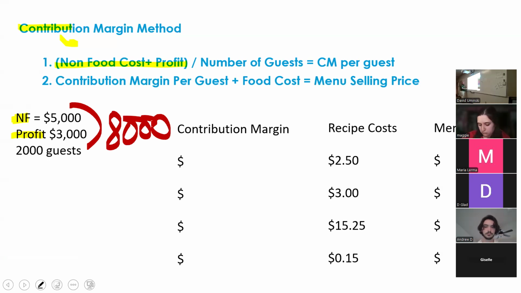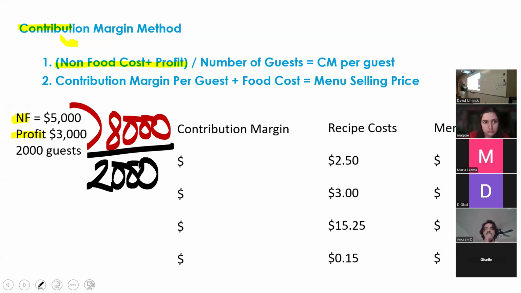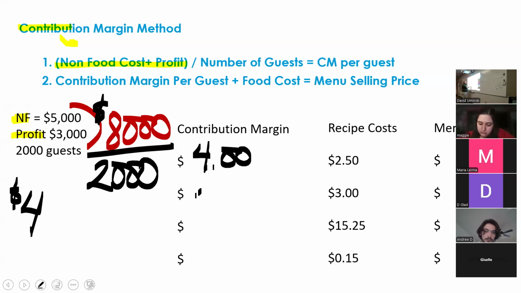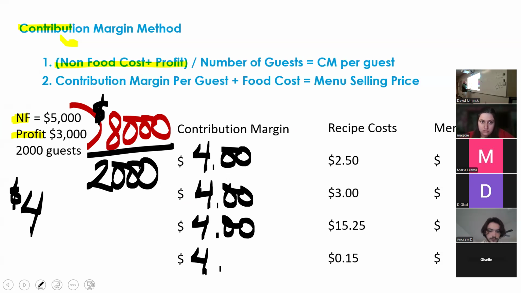I have 2,000 guests, which means my contribution margin per guest is $4. $8,000 divided by 2,000 guests is $4. So now I just go ahead and add $4 to each menu item's recipe cost.